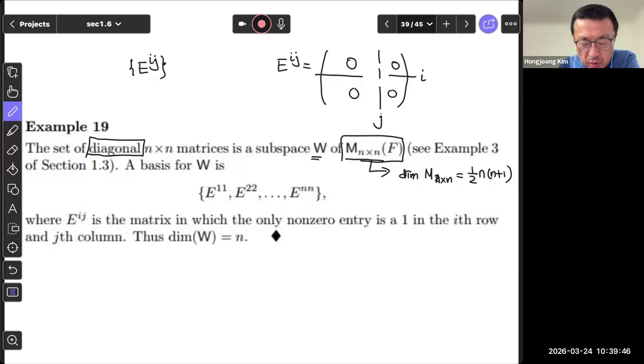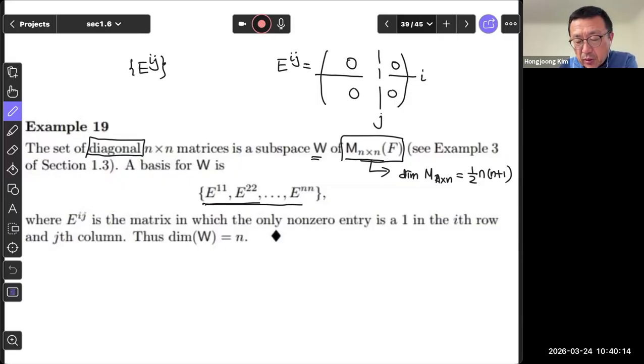So if I consider this, the first matrix has 1 in the first diagonal entry. E to the 2 is the matrix having 1 in the second row, second column. And E to the 3 will have the matrix having 1 in the third row, third column, and so on.